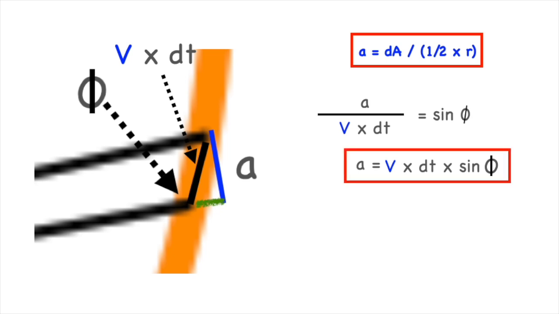We now have another equation showing a second way of expressing a, so let's set the two equations equal to each other. We get v times dt times sine of phi equals dA divided by the quantity 1/2 times r.